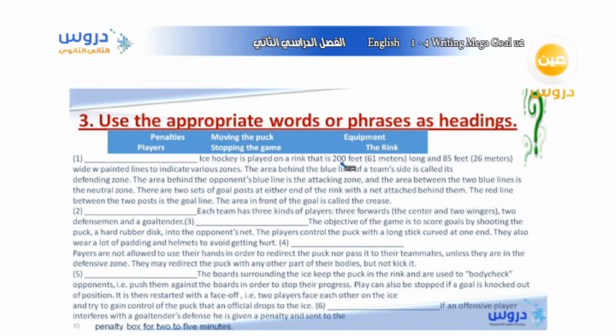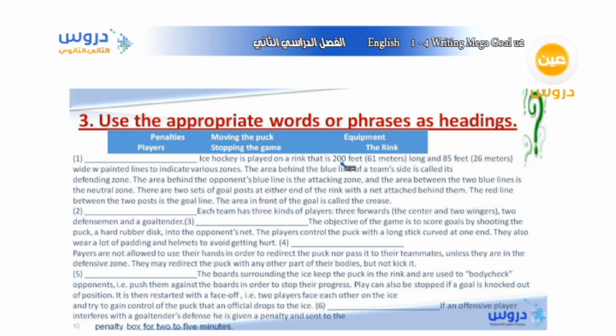Try to figure out the word. Number 2, each team has 3 kinds of players. So the talk here is about players. 3 forwards, the center, and 2 wingers, 2 defensemen and a goaltender. So here they're talking about what?